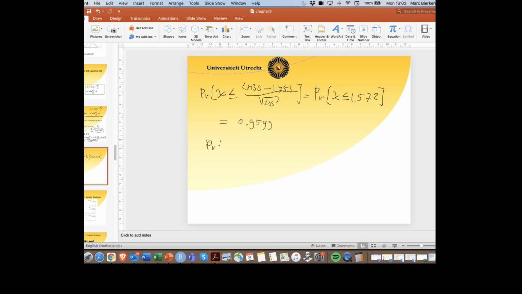So the probability that y is larger than ln 30 would then be equal to 1 minus 0.9599, which is 0.041.